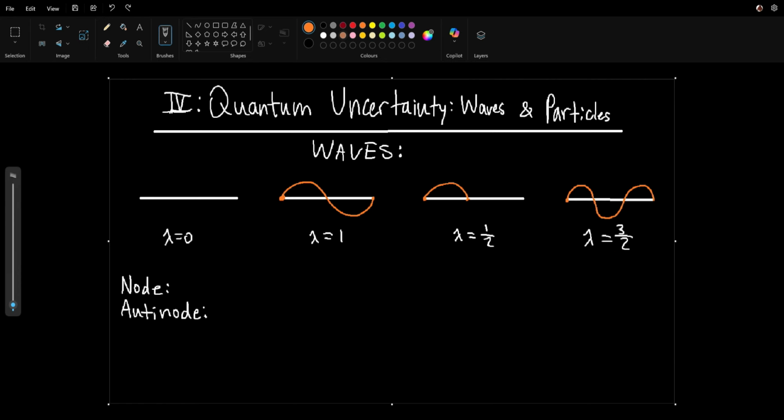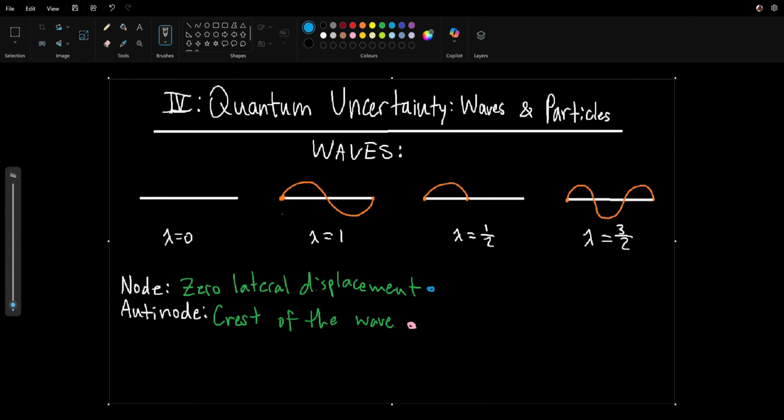Now, I just want to define some of these terms that you'll see pop up. A node is basically a spot where there's 0 lateral displacement. And an antinode is pretty much just the crest of the wave. So I'm just going to pinpoint them. We'll use a pink for an antinode, and then we'll use a blue for our nodes.